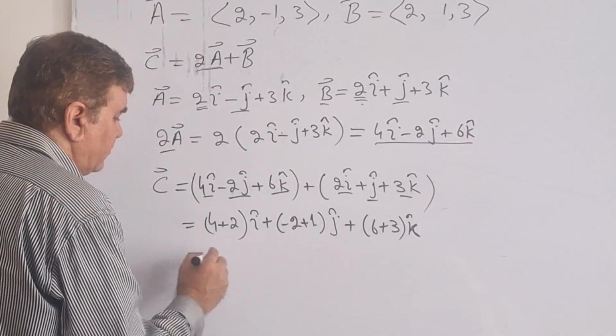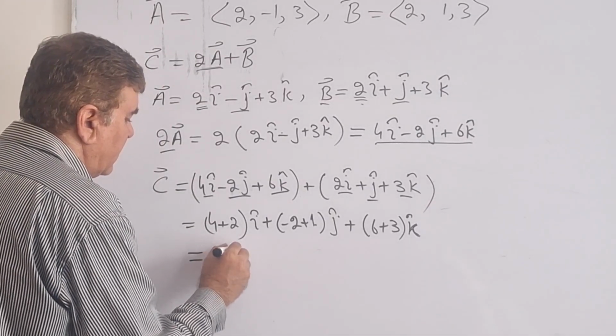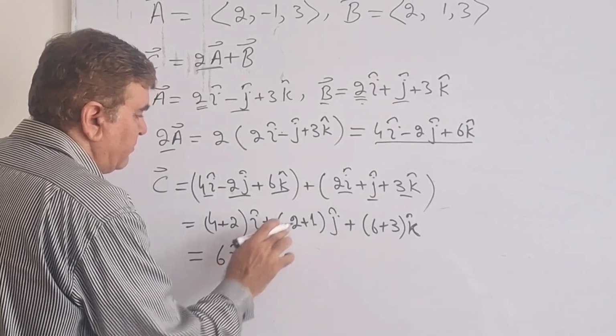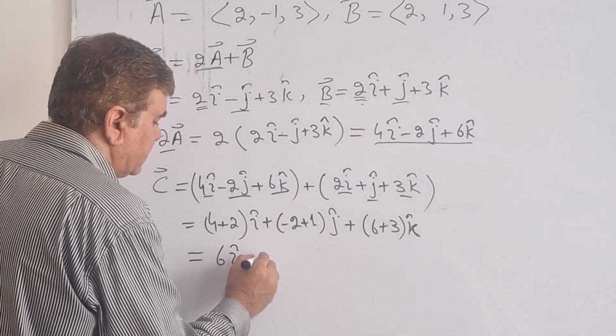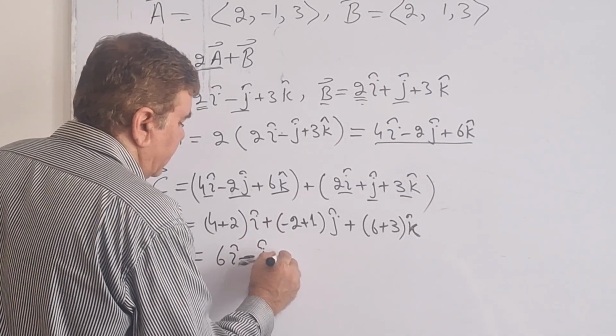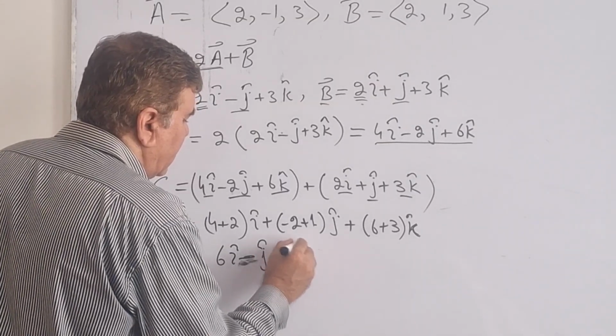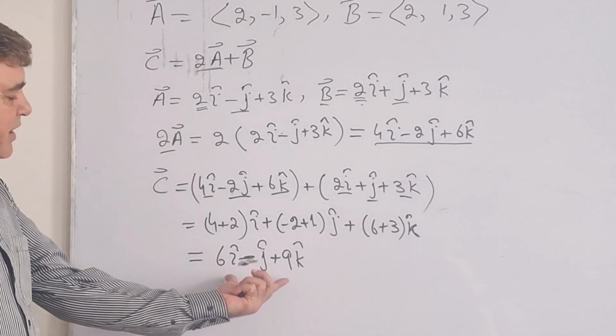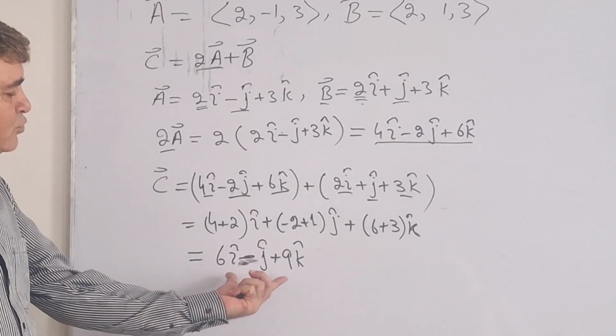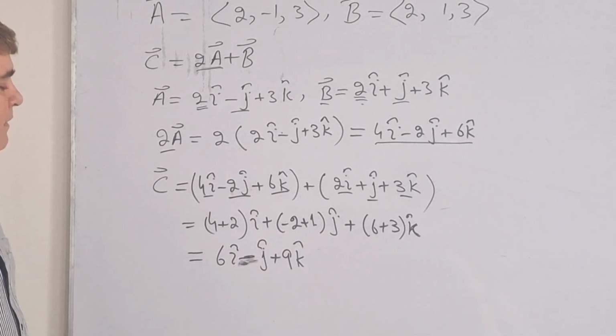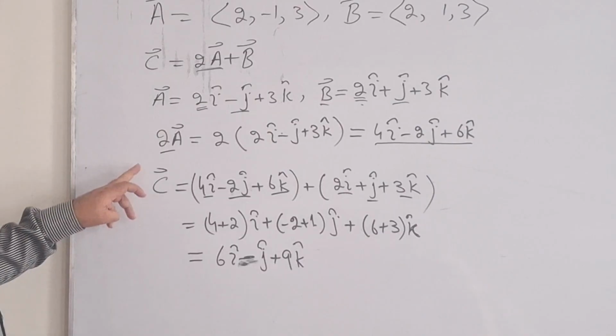So as a result we get 6i minus j plus 9k, since minus 2 plus 1 is minus 1, which is the same as we obtained from the addition of two triples of numbers.